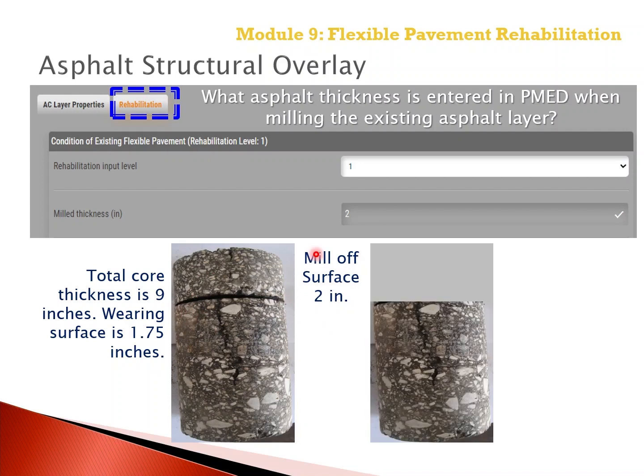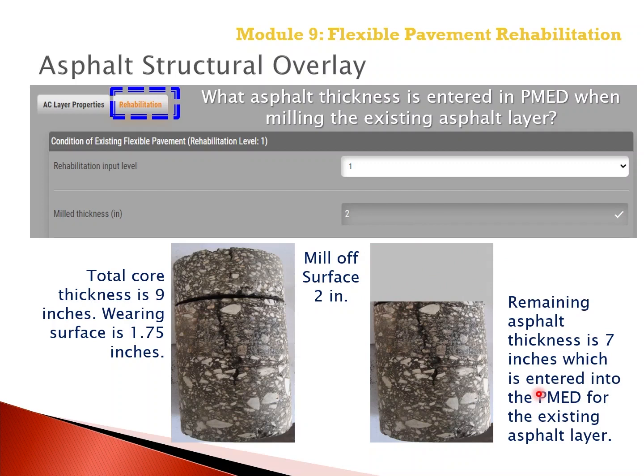And then we have basically 7 inches of the existing asphalt that remains, and the wearing surface will be removed. So what values do we enter in Pavement ME for the existing layer? The remaining asphalt thickness of 7 inches is entered into the Pavement ME software for the existing asphalt layer.